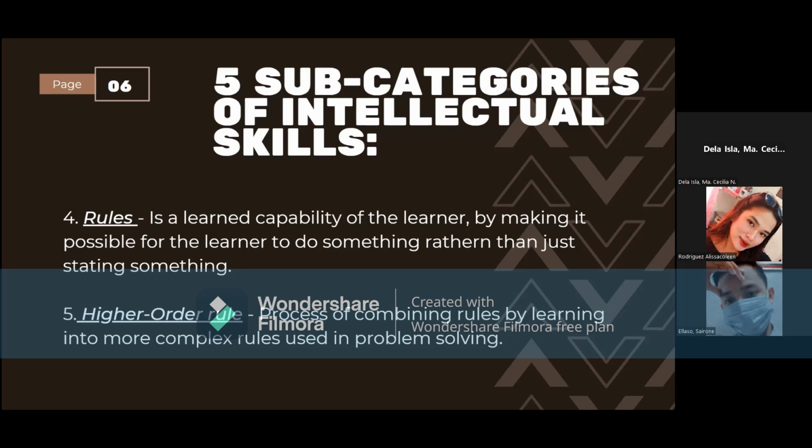For example, a student who understands the higher order rule of cause and effect may be able to apply this rule to analyze and understand complex historical events. Next slide, please.